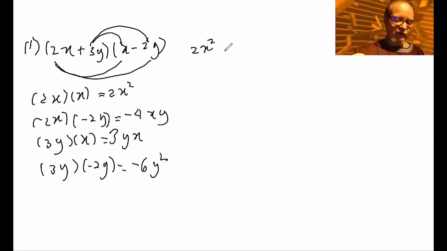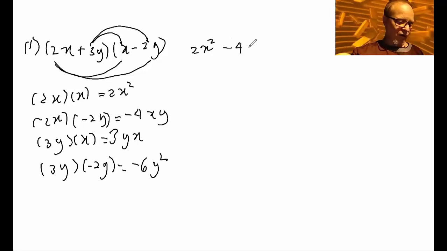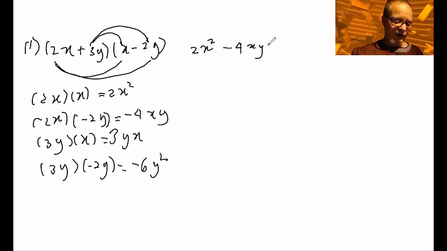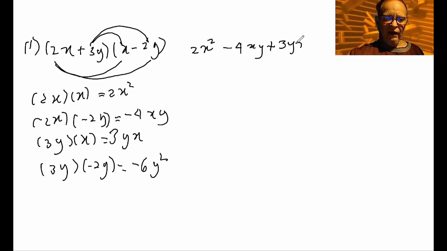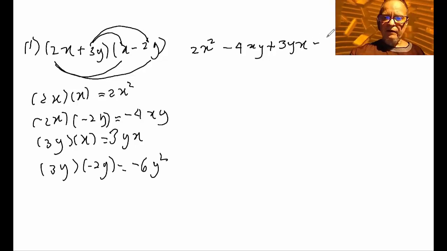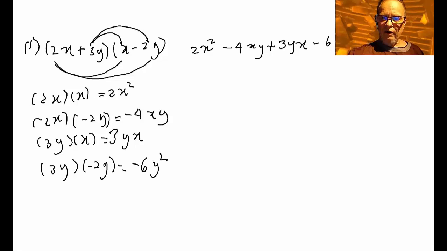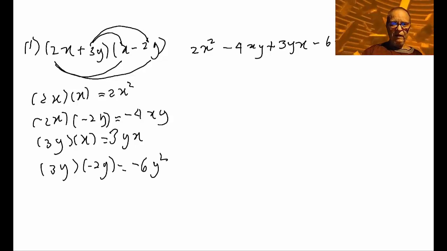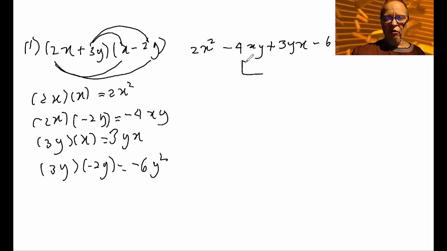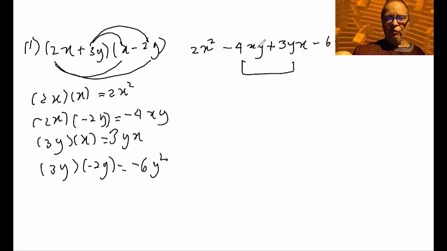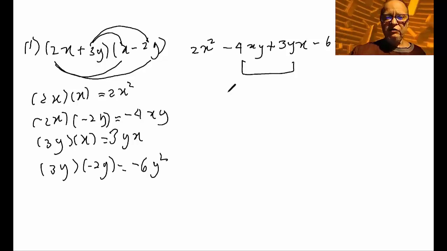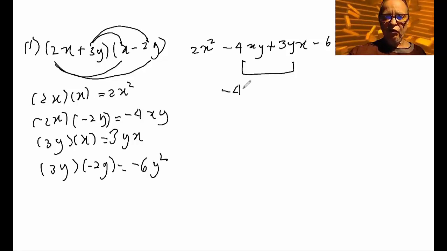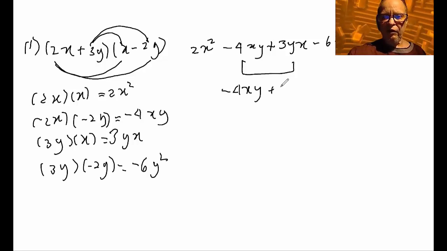2x squared minus 4xy plus 3yx minus 6y squared. And these two are the like terms because we have the commutative property between x and y. So this is the same thing as negative 4xy plus 3xy.